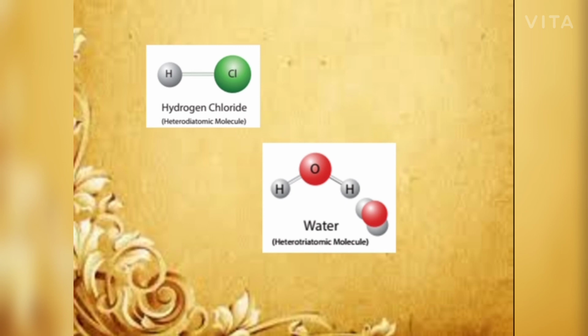So, heterodiatomic molecule. Another example, water. Water molecular formula H2O. So, this is also a heteroatomic molecule, but atomicity is 3 because 1 oxygen atom, 2 hydrogen atoms. Therefore, atomicity 3. Therefore, water is a heterotriatomic molecule.